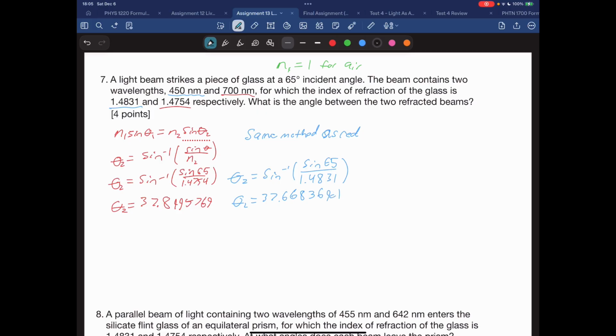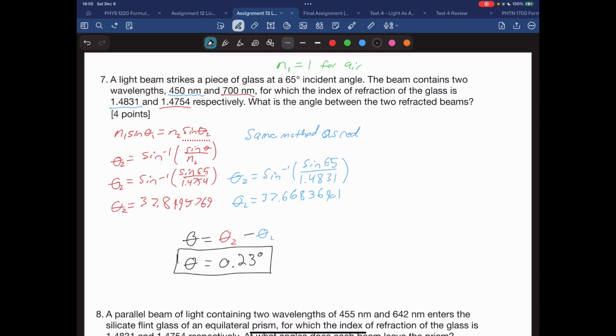And then what I'm actually looking for is going to be the red theta 2 minus the blue theta 2. And that's going to give me about 0.23 degrees.